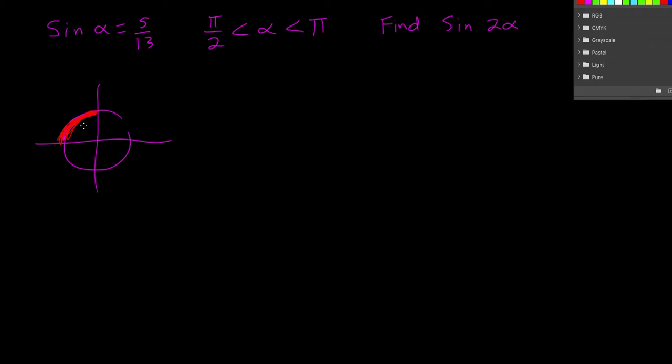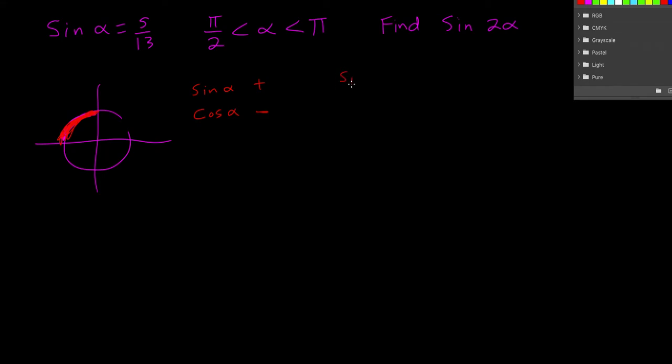And so we know that sine is positive, and we know that cosine, the x value, is negative. Okay. And so when we're doing this, we're going to use the Pythagorean identity.